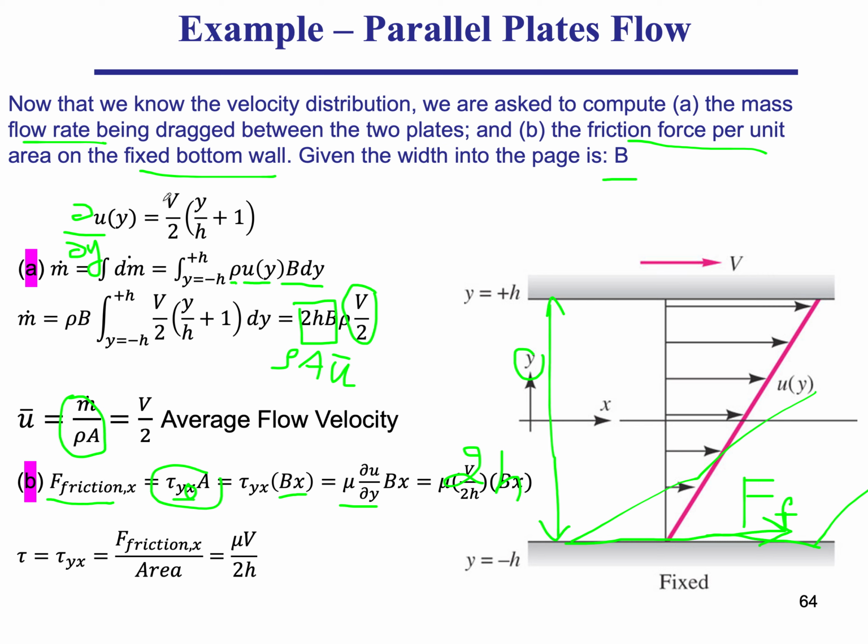That's your y, so you'll get v over 2h, and when you derive a constant, it's going to give you 0. So you're going to get v over 2 times h. So that's the du dy, and multiplied by viscosity, so that's what you're going to get.